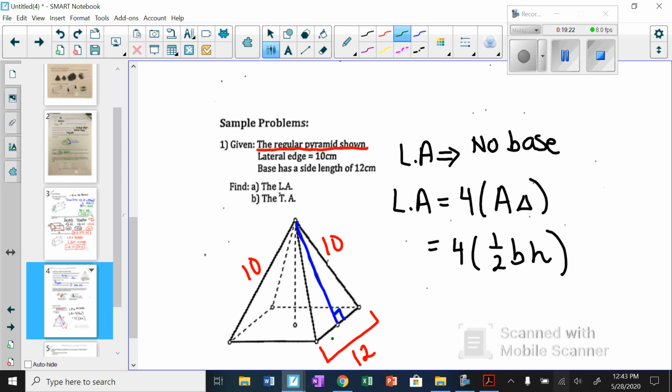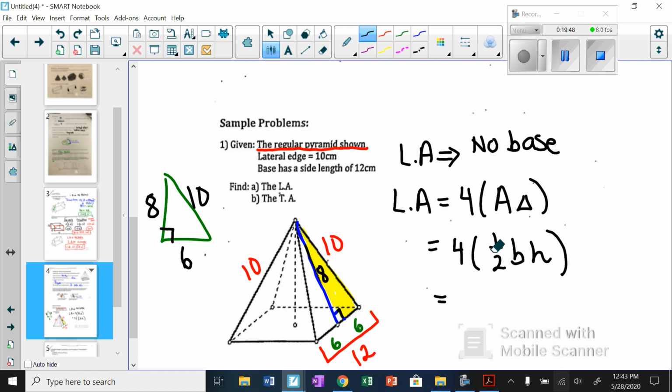Remember the slant height breaks that down into 6 and 6. I'm looking at this side right triangle. I'll highlight it in yellow. This is absolutely a triple times 2. So if you divide by 2, it's a 3 and a 5. So it's a 3, 4, 5. Multiply back by 2, it's an 8.